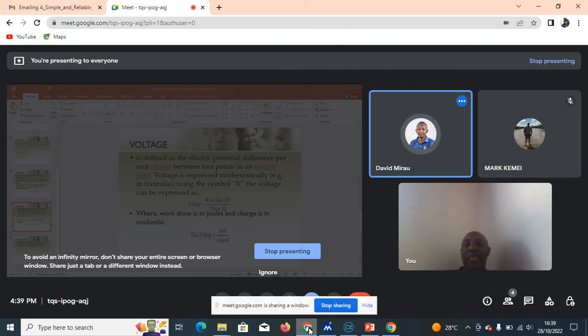What is the third quantity that opposes the movement of the charged particles? Resistance. Resistance is the opposing force that opposes the movement of particles in any conductor. That's why we say copper is a good conductor, because it has less opposition compared to other conductors.